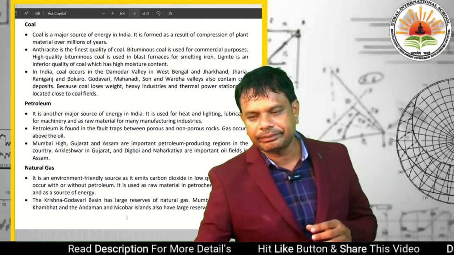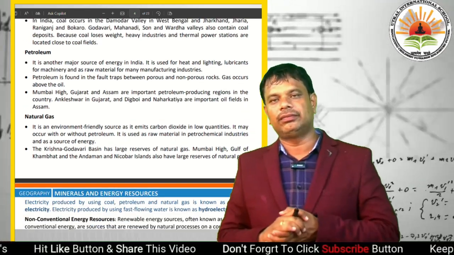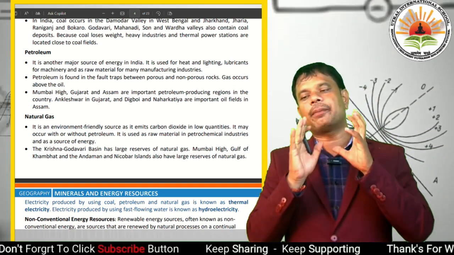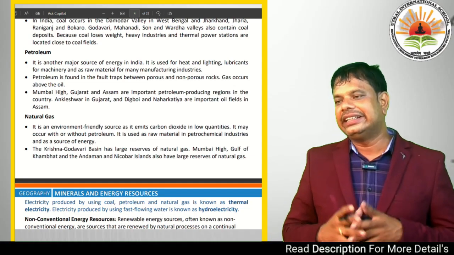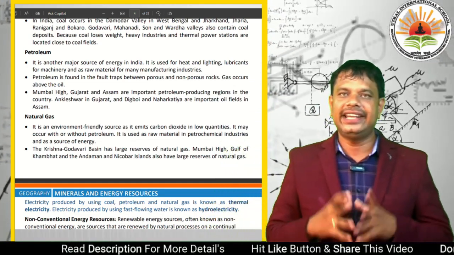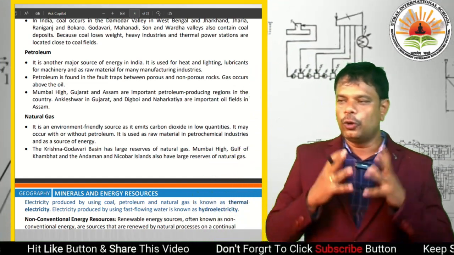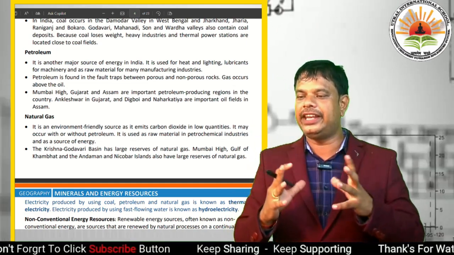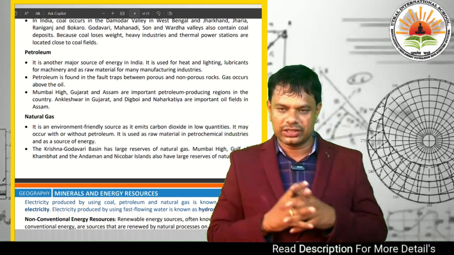Dear students, another main thing is petroleum. It is another major source of energy in India, and it is used for heat and lighting, lubricants for machinery, and as a raw material for many manufacturing industries where we use petroleum products.